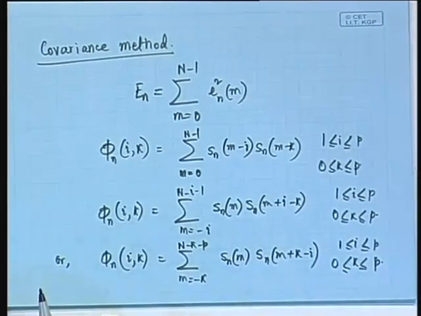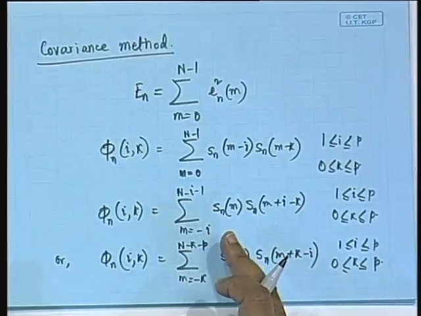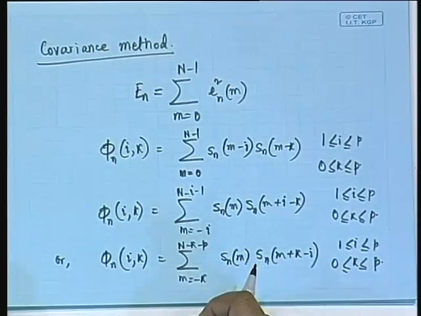Now, you just see that last time we had a similar definition, but what did we say? m equal to 0 to n minus I minus 1, and why did we do that? Because we had assumed that S n m is 0 outside the interval, m varying from 0 to n minus 1.